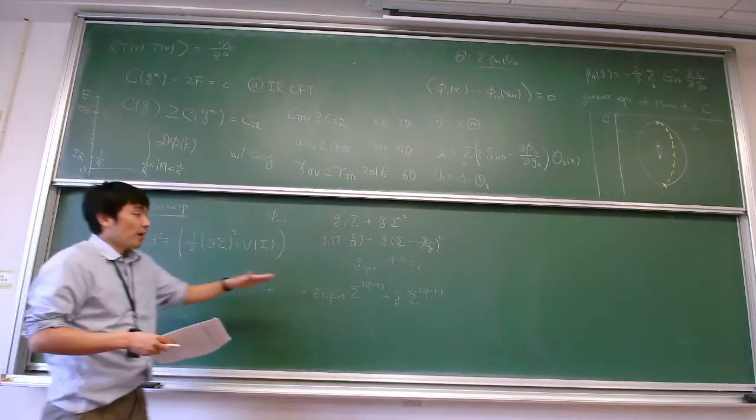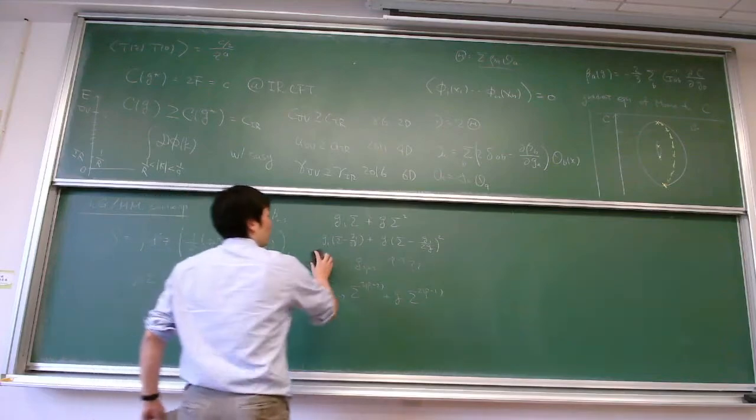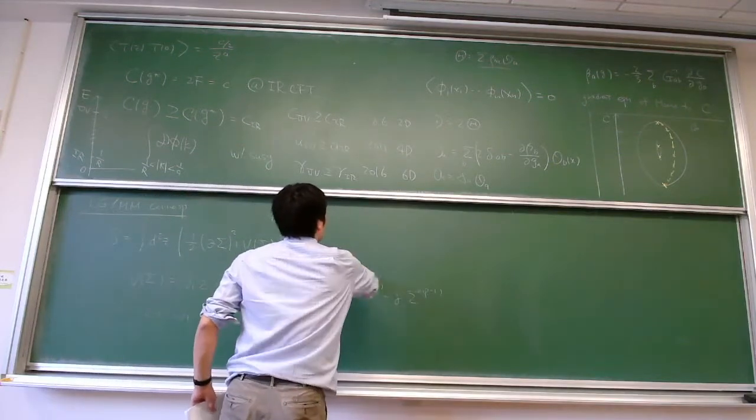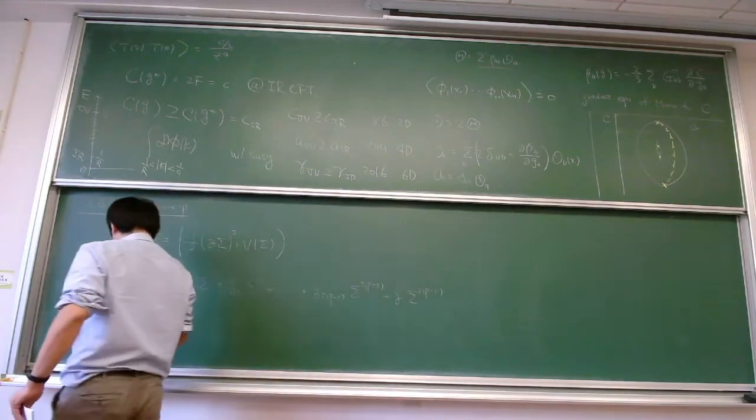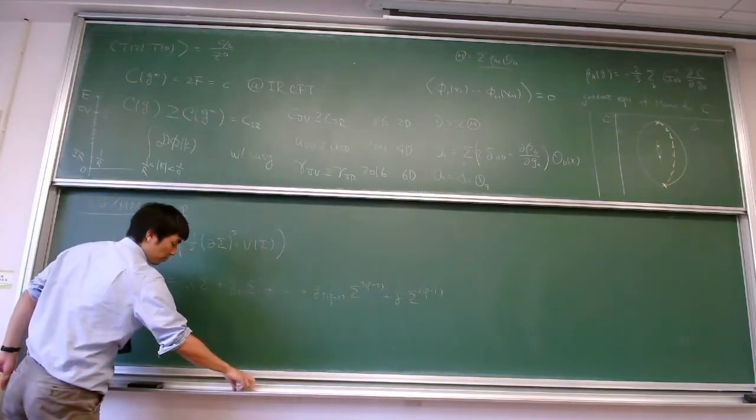So you can gauge away this 2p minus 3 piece by a constant shift of sigma.